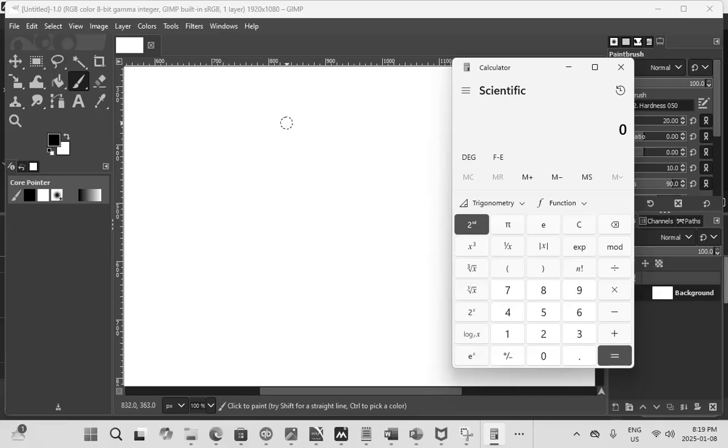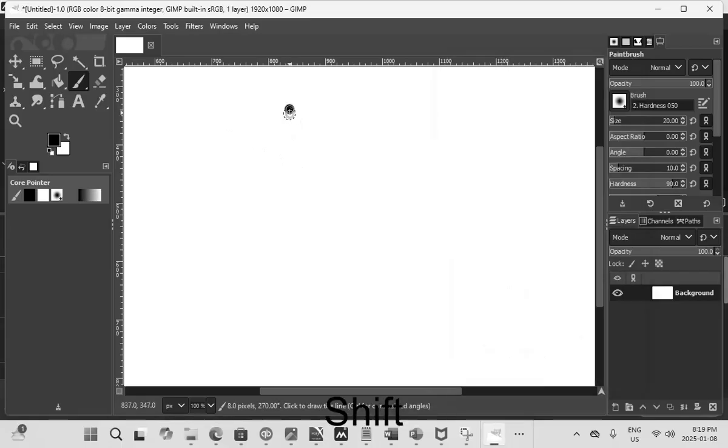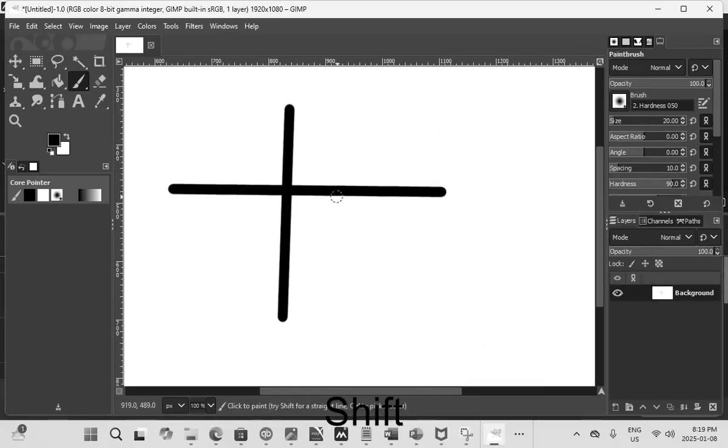When it comes to your acute angle, let's say this is your quadrant, and this is 90 degrees over here. If you go all the way around, this will be 180 degrees.